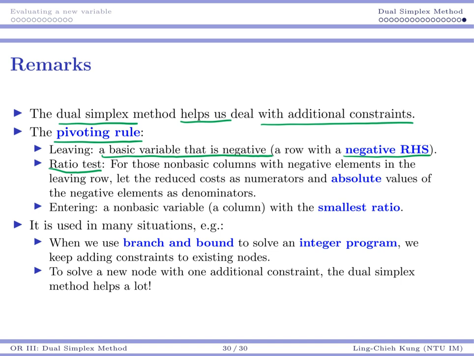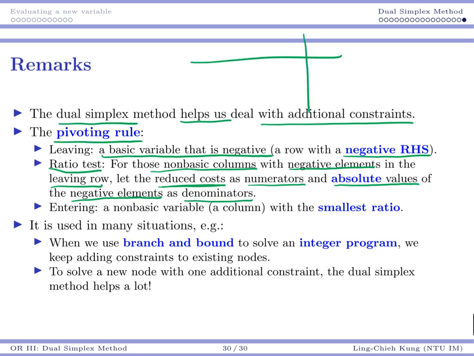Basically, for those non-basic columns with negative elements in the leaving row, we would choose the reduced cost as the numerator and the absolute values of the negative elements as the denominators. Also, don't forget, when you have a negative number here, the first screening reason is you need to think about how to fix your right-hand side.